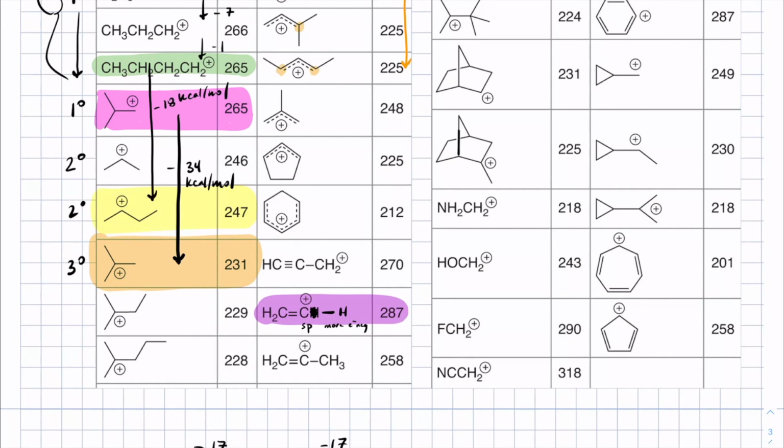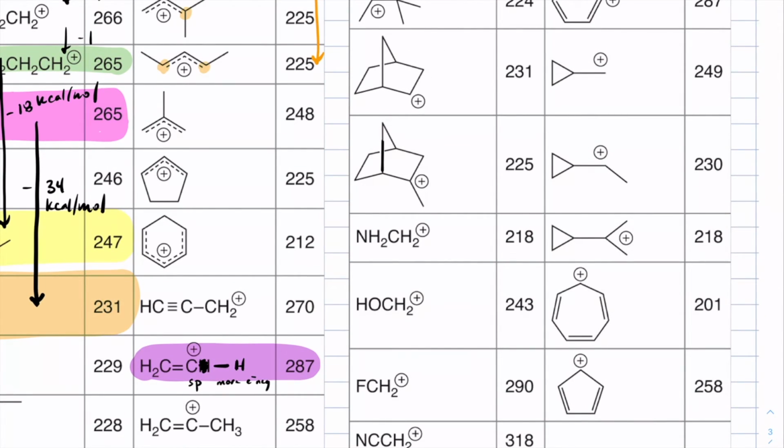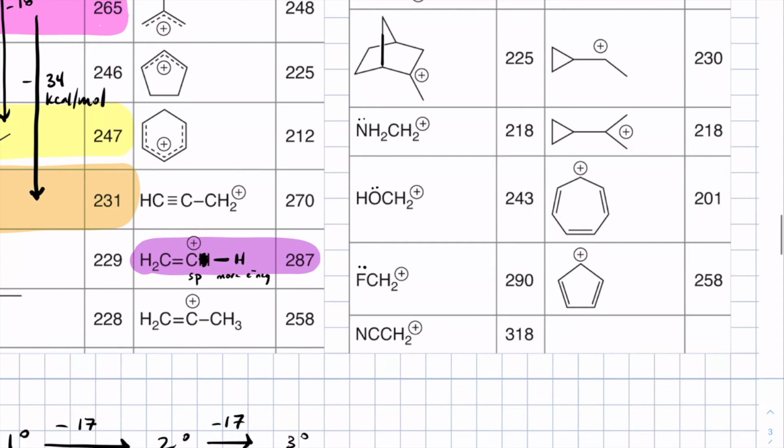Other interesting effects that we'll come back to will be the ability of nearby heteroatoms to stabilize or destabilize a positive charge. The donating group ability of the nitrogen is superior to that of oxygen, which is superior to that of fluorine because of their increased electronegativity.